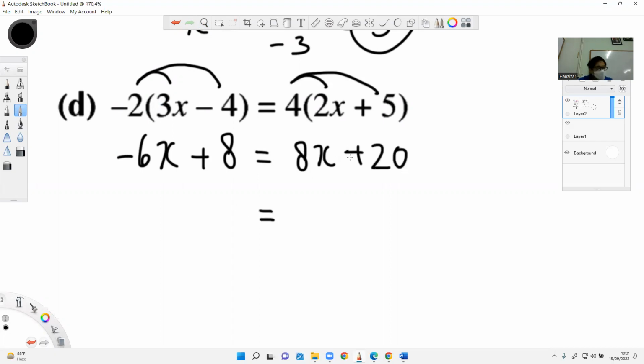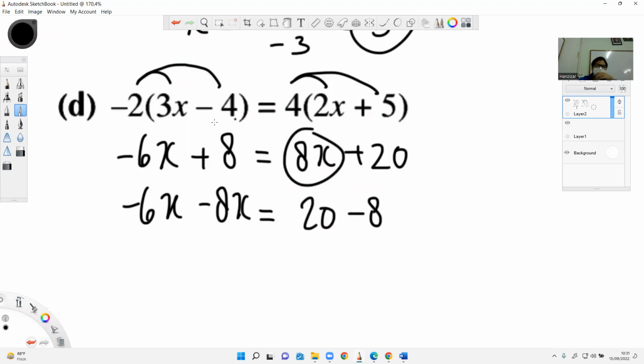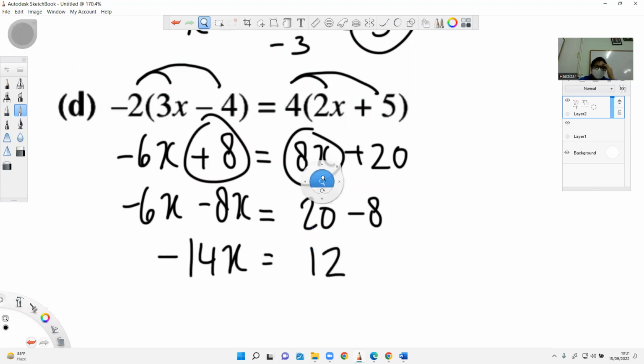Dan put the unknowns. Ingat yang dipindahin unknowns-nya ya guys, not the other. Negative 6x minus 8x, right? 20 minus 8. Get it guys? Bisa ya? Please tanya kalau bisa. Negative 14x equals 12. Okay, we deal with the fraction.